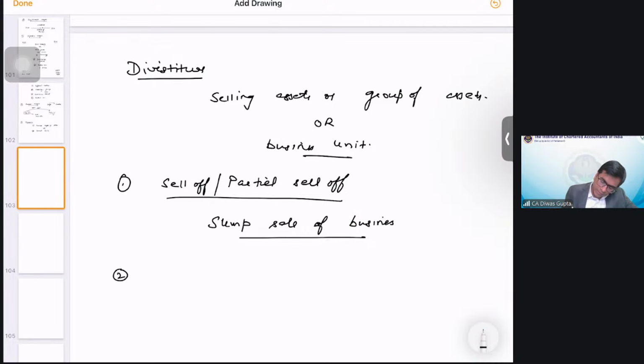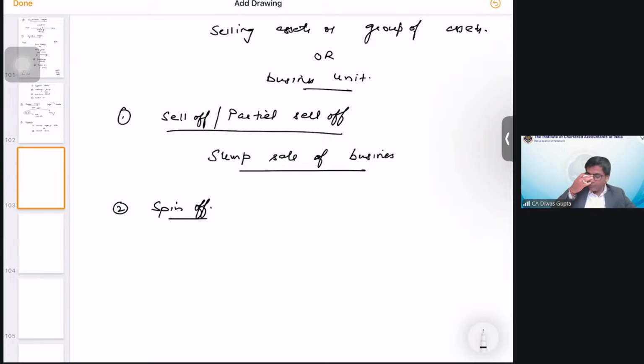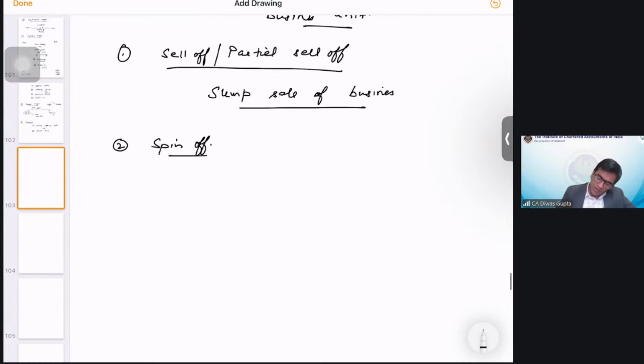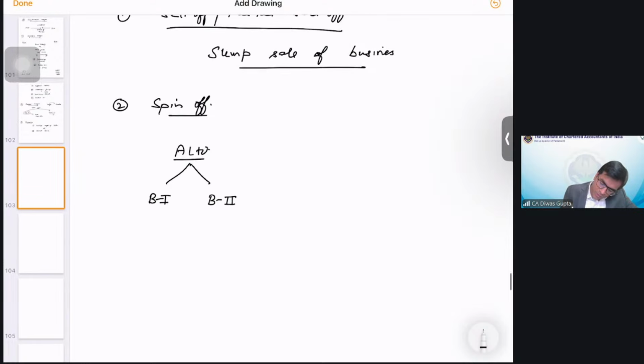Second, spin off. So sell off is just simply selling your assets or business. Spin off means that, let's say, you have a single entity and again you have two things: business 1 and business 2. Business 1 remains in A Limited, and business 2 gets transferred to B Limited.